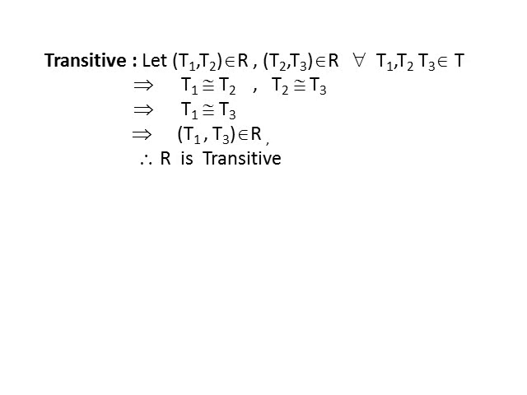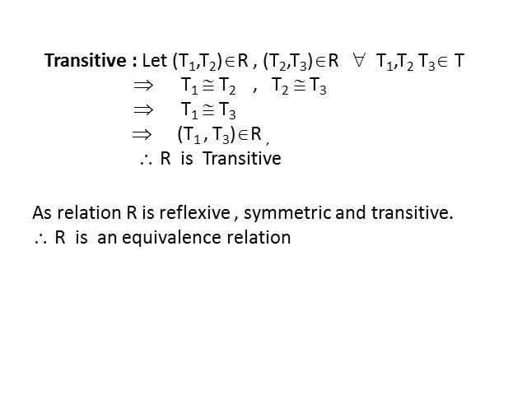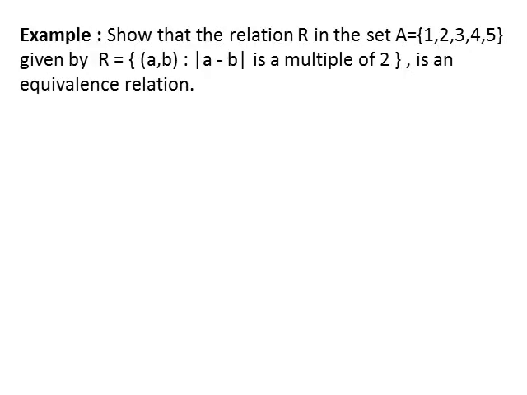So triangle T1 is also congruent to triangle T3. This implies ordered pair (T1, T3) belongs to relation R. Therefore, R is transitive. As relation R is reflexive, symmetric and transitive, therefore R is an equivalence relation. Let's take one more example.